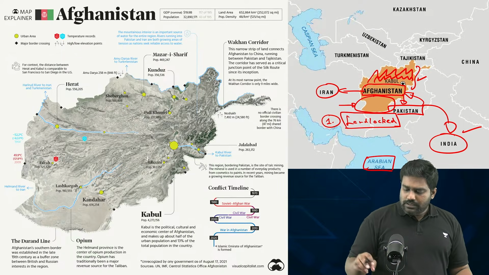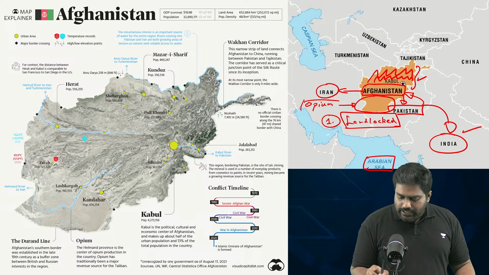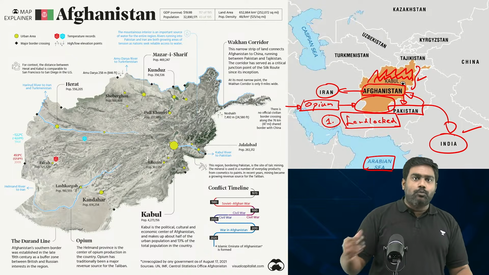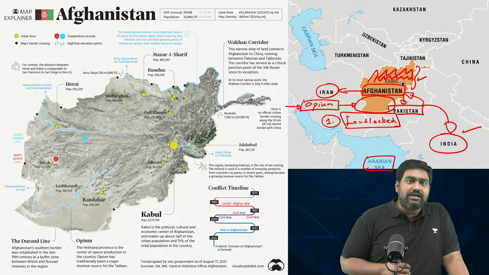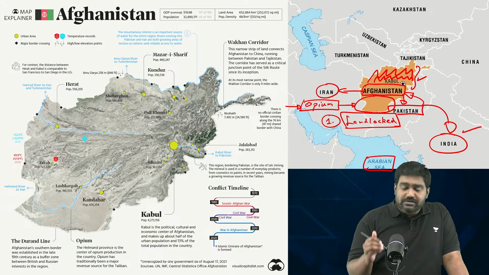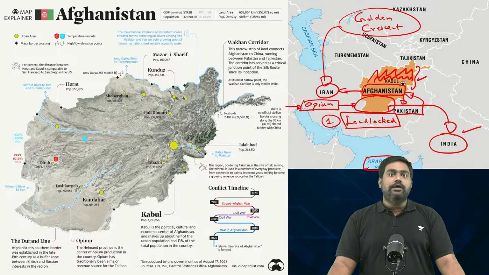This has allowed the warlords in Afghanistan to grow opium. And Afghanistan has become one of the world's largest opium producing nations. It's a major narcotic producer and narcotic trafficking hub. That's why Afghanistan is part of the Golden Crescent region. Geography plays a big role here.